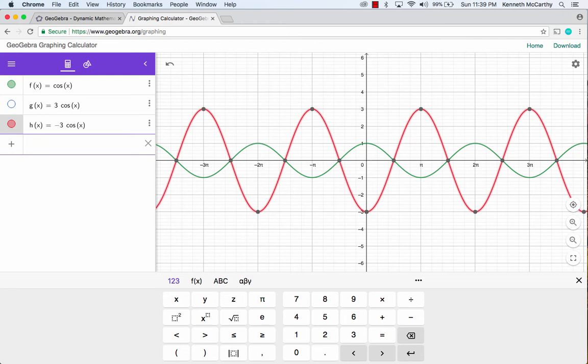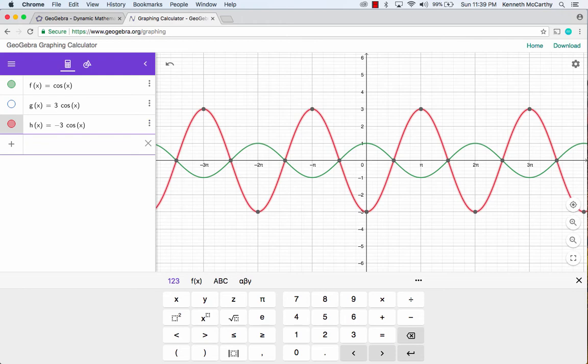Alright, so what happened? With the parent function, we have an output of 1 when the input is 0 radians. But now, for the new graph, its amplitude is still 3, but it's negated. So all the inputs for the original are the same for this -3 cosine x, but the outputs are negated.